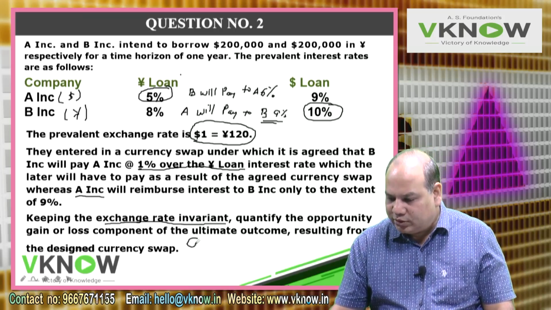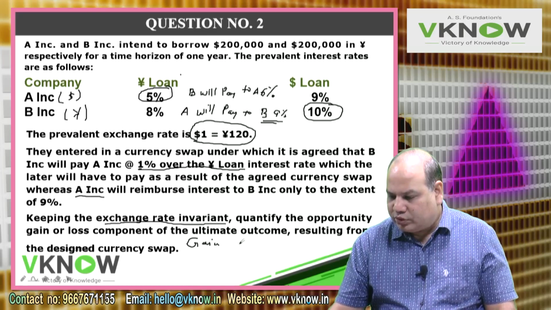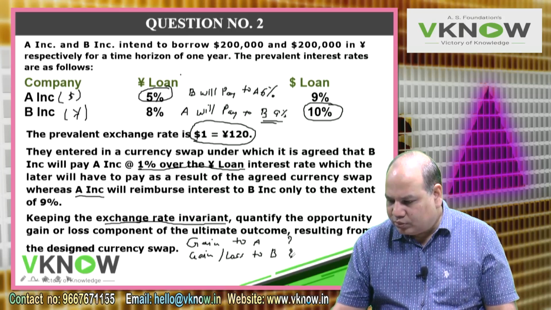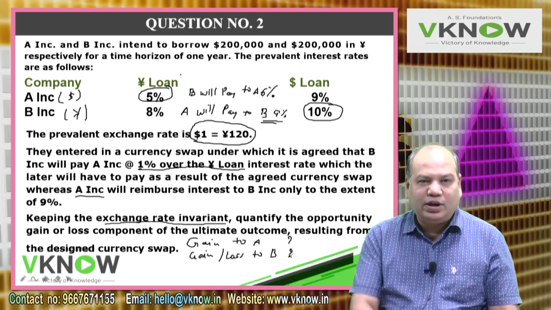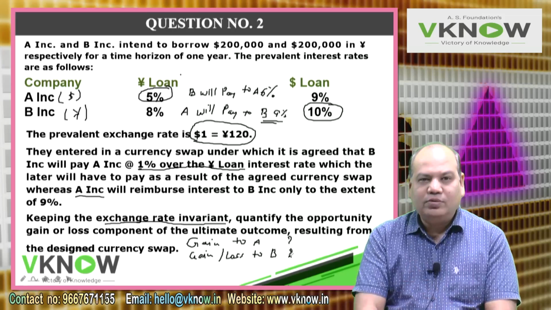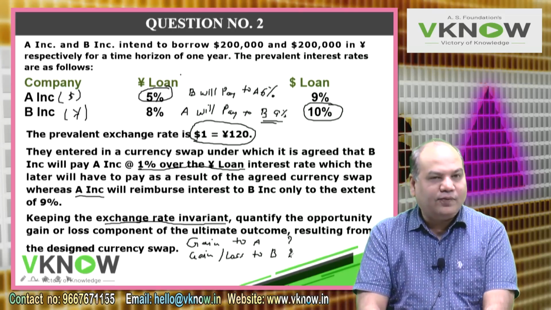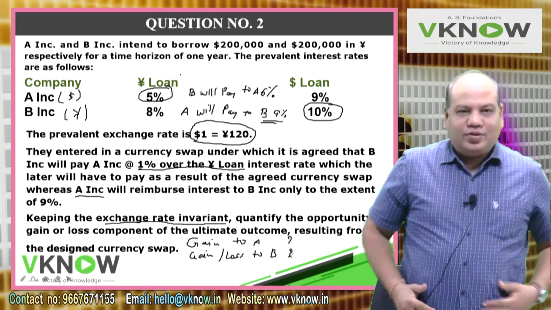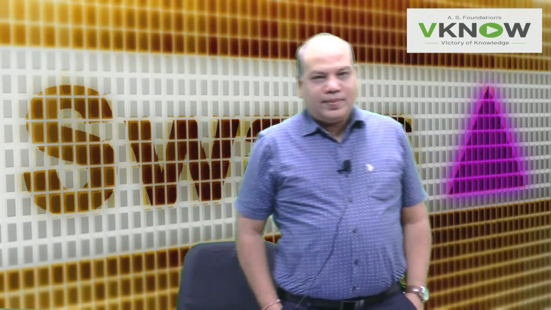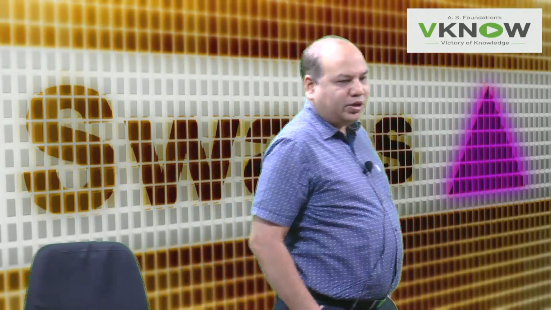So you will tell me, dear student, what is the gain to A, what is the gain or loss to B. Most of you will be thinking only A will gain here, but the answer is B can also gain in this deal. So think for 5 seconds and tell me what is the gain to A and what is the gain or loss to B.